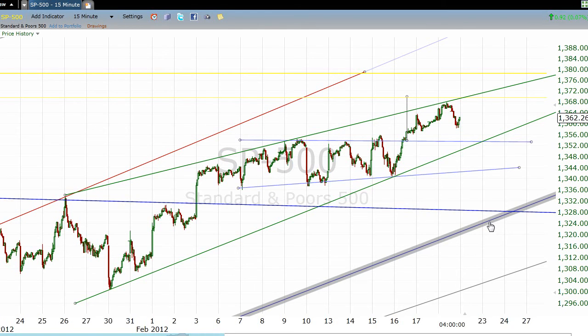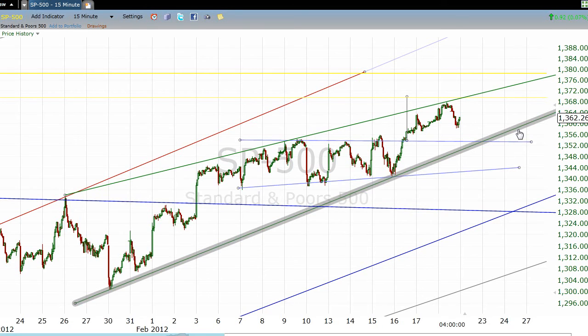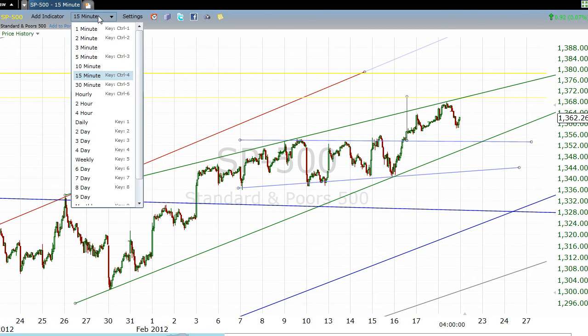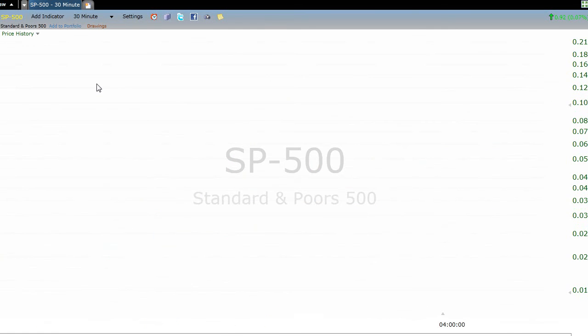I also want to remind you that when you get a rising wedge pattern, the tendency when they break down is to want to come down to the levels of where they got started. But I think this line would probably stop it. So that's kind of what I'm seeing right now in the S&P.